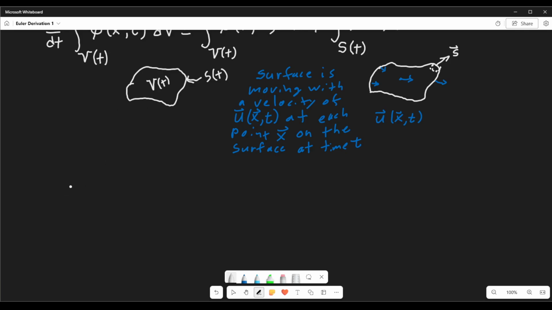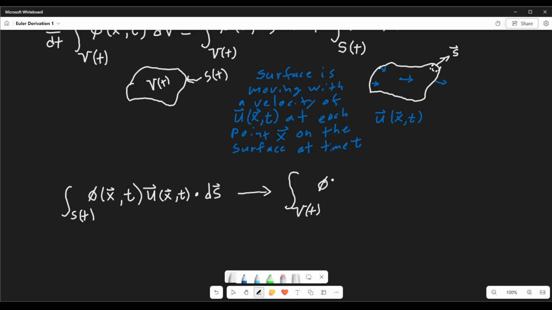So I can take the surface integral, the surface dependent on time, with the velocity field, which also depends on space and time, and transform it to something that depends on the volume.